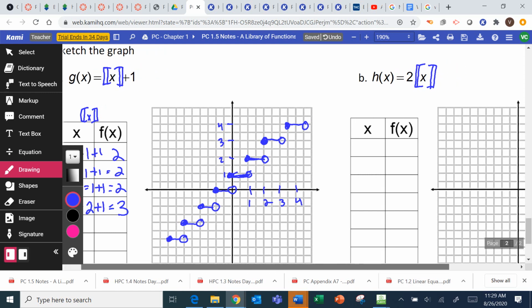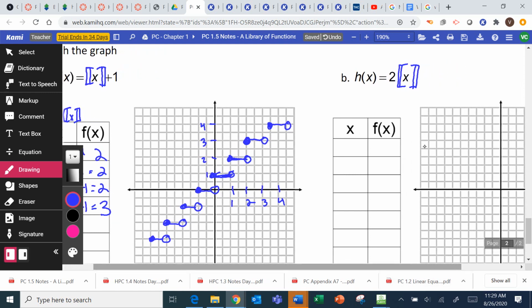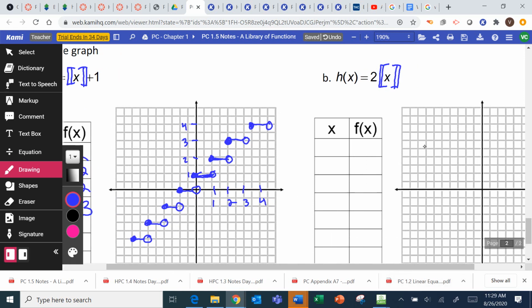So you don't have to graph it to answer this question, but does anybody remember anything about a 2 outside of the function? What happens when we multiply the function by 2, what that does to a graph? That is a vertical stretch, right? So whatever the graph is, we're going to stretch it vertically.